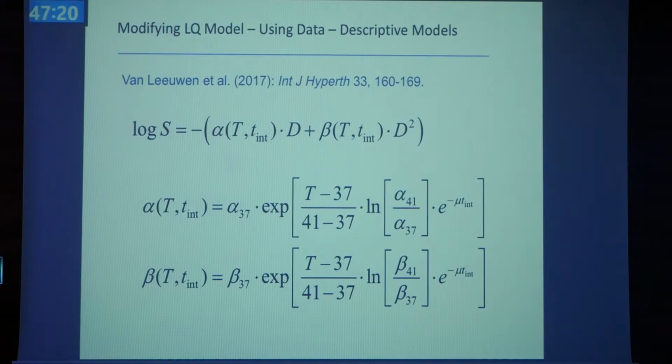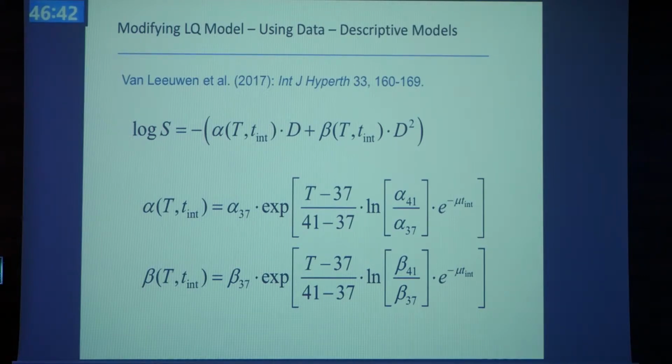For alpha and beta, they proposed a nice model which allows interpolating between an alpha and beta value without heating at 37 degrees and an alpha and beta value determined, for example, by in vitro experiments at 41 degrees, and for the decay of the thermal effect, for example by repair, an exponential term with the time interval is added at the end.